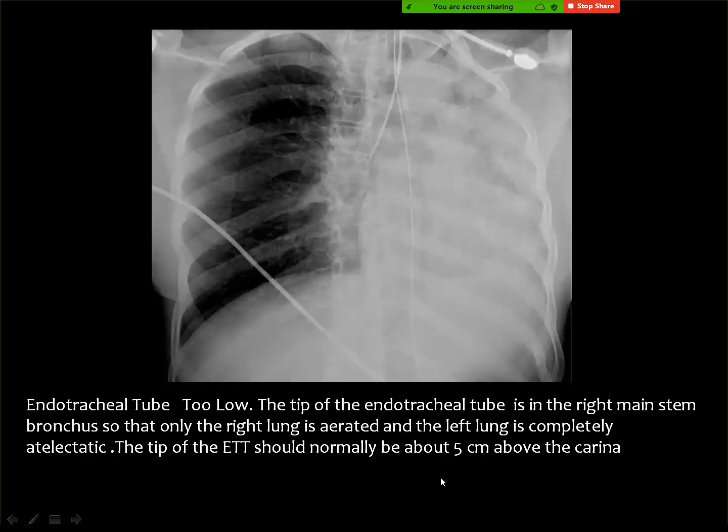And the endotracheal tube frequently is passed into the right main stem bronchus, which will result in obliteration of the left main stem bronchus and the aeration of the right lung only. If the endotracheal tube is pushed more than this, it will also obstruct the right upper lobe bronchus.